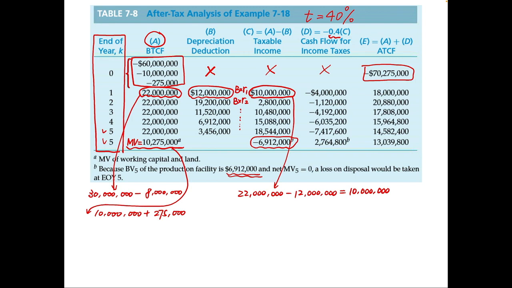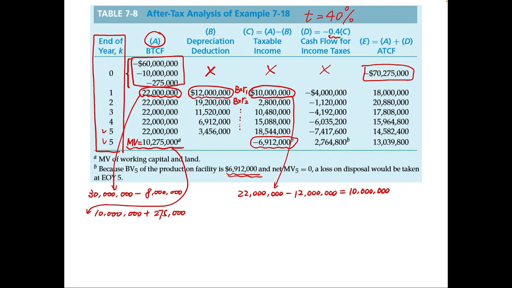And then in the last column, all these numbers should be whatever you have in column A plus what you have in column D. This method looks complicated, but once you understand the structure and how you come up with every figure, it's actually not that difficult to fill up.